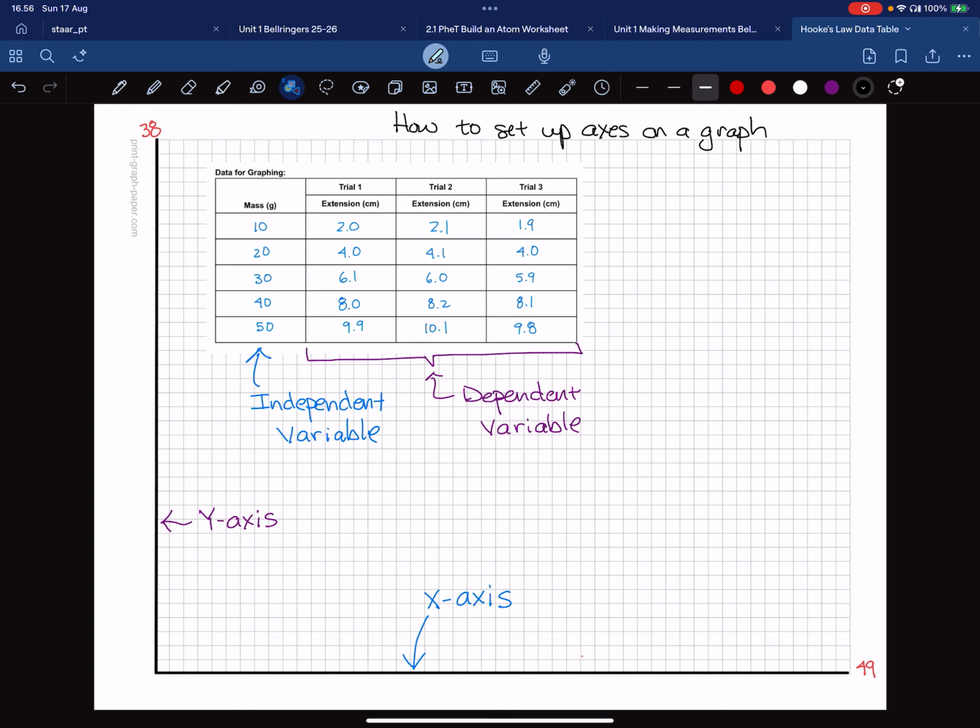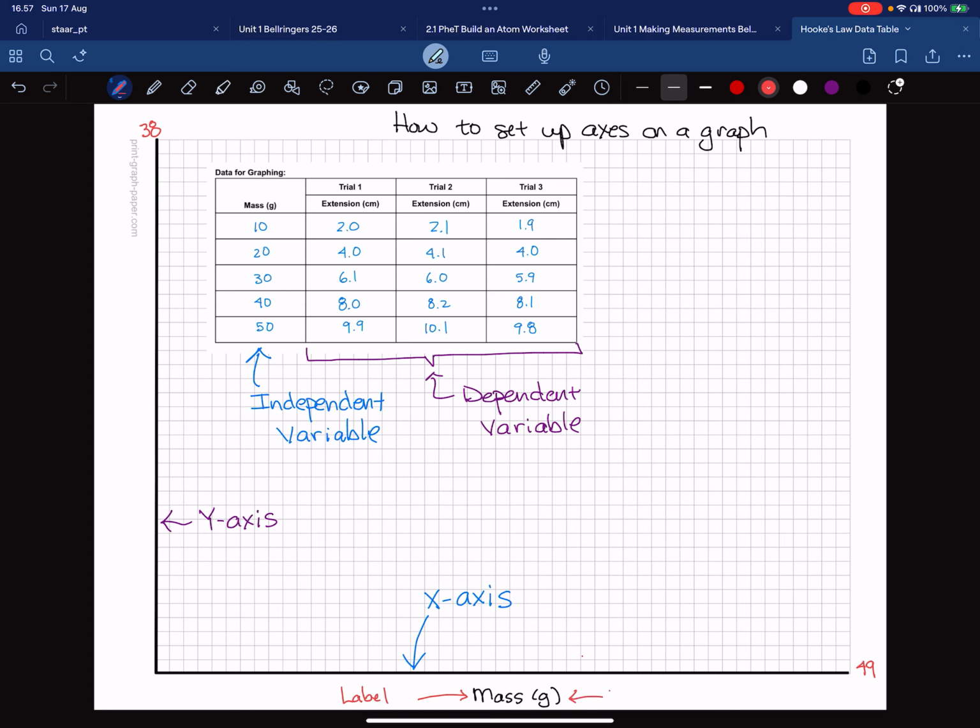And as long as you're doing that, you might as well label them. So the x-axis is mass in grams. Mass is the label.